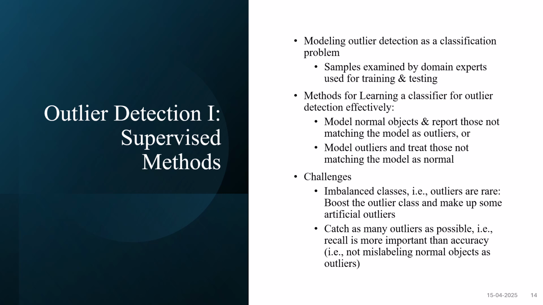Due to the small population of outliers in data, the sample data examined by domain experts and used in training may not even sufficiently represent the outlier distribution. The lack of outlier samples can limit the capability of classifiers built as such. To tackle these problems, some methods make up artificial outliers.